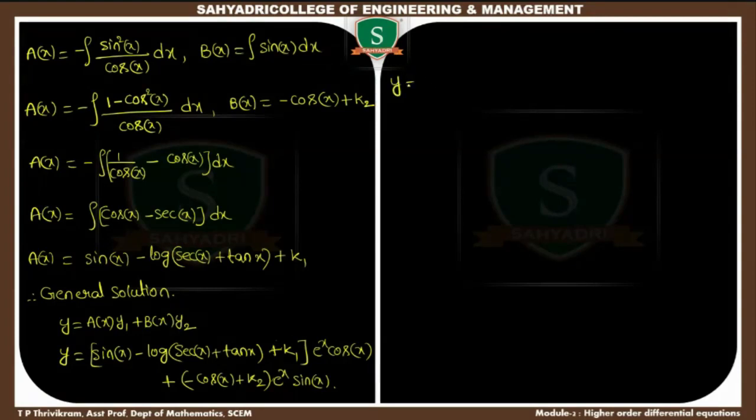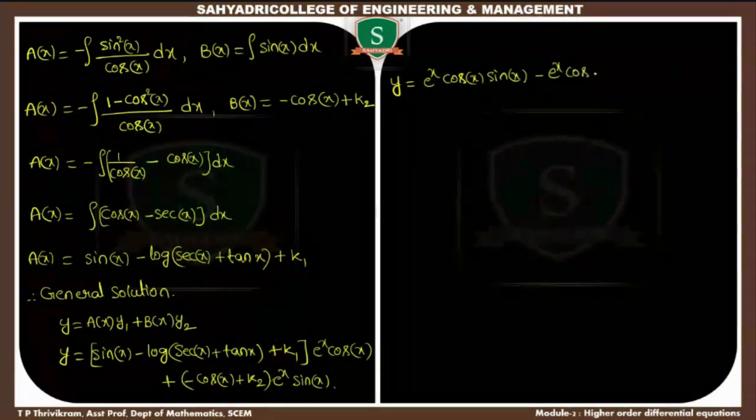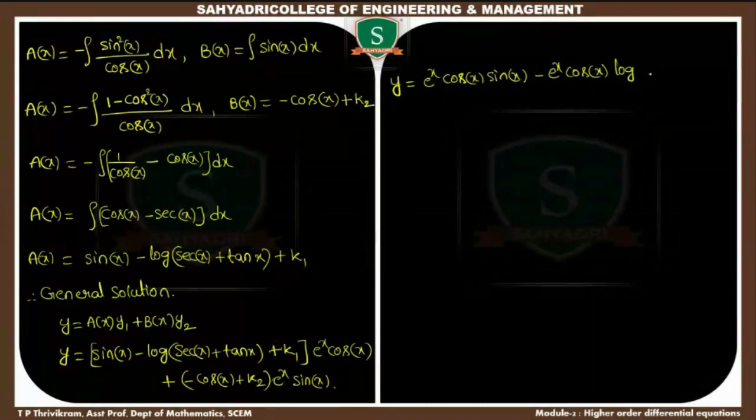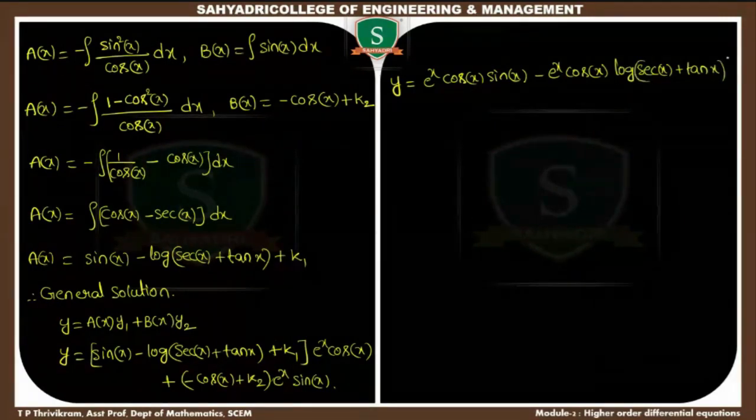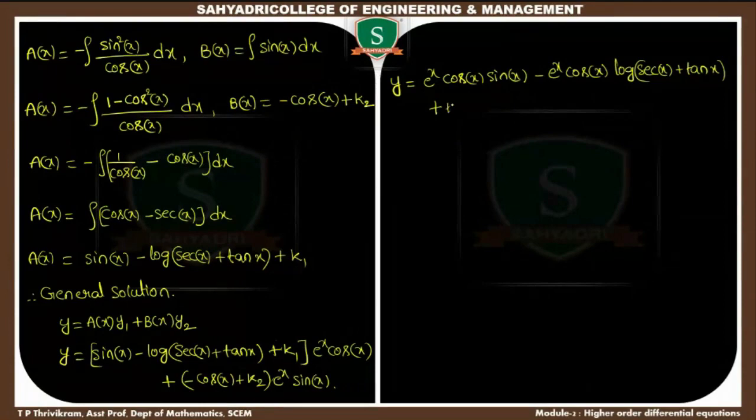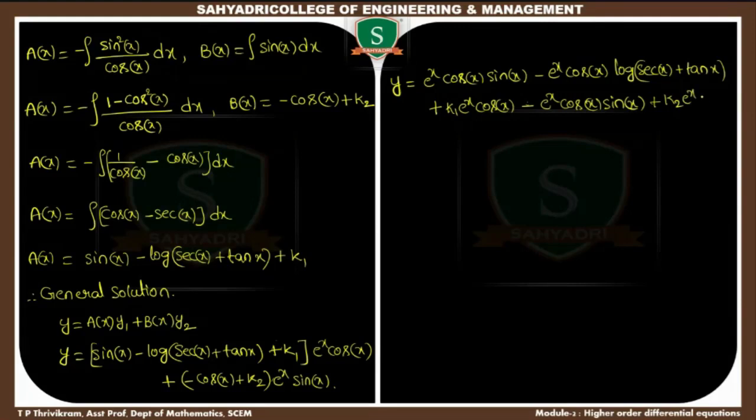So therefore, y is equal to how much? E power x cos x sin x, next to minus e power x cos x log of secant x plus tan x, plus k1 e power x cos x, plus minus e power x cos x sin x plus k2 e power x sin x.